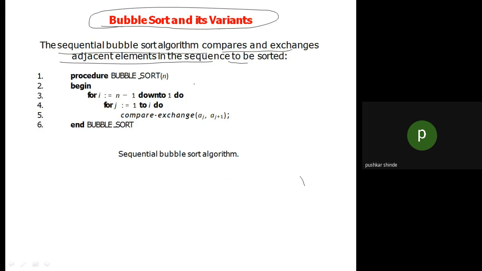For i equal to n minus 1 down to 1 and j equal to 1 to i, compare exchange a of j and a of j plus 1. Adjacent elements are compared and they are sorted. So this is how sequential bubble sort works.